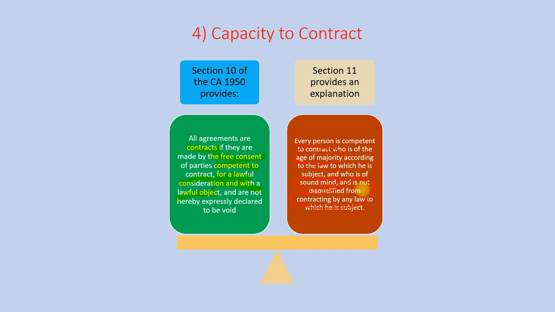So all in all, there are 3 major points in Section 11 for a person to be competent to contract: he is of the age of majority, he is of sound mind, and he is not disqualified from contracting by any law.